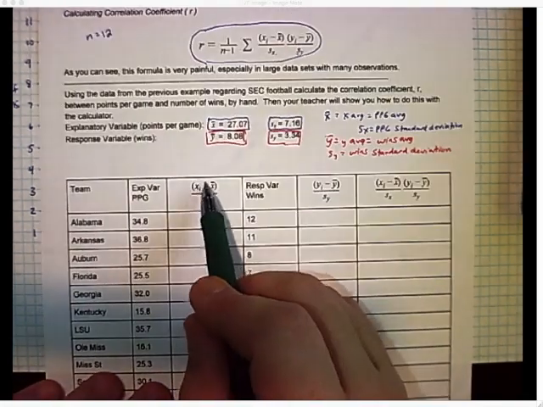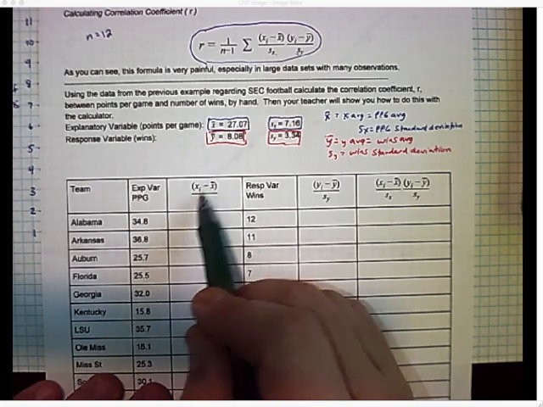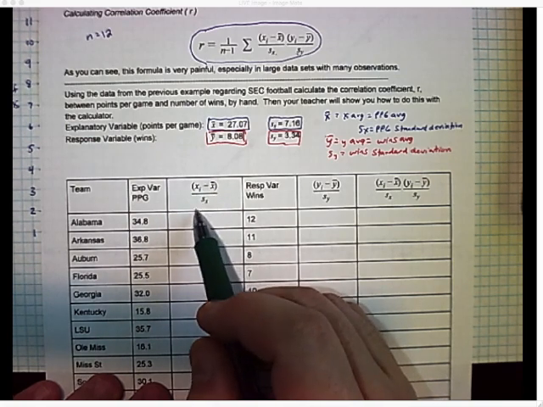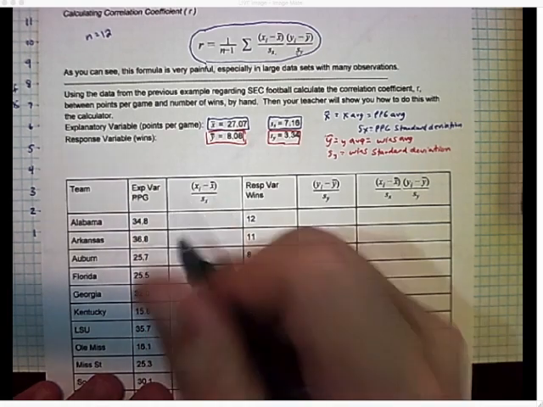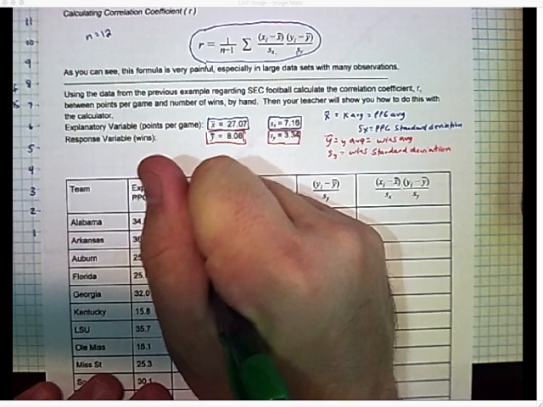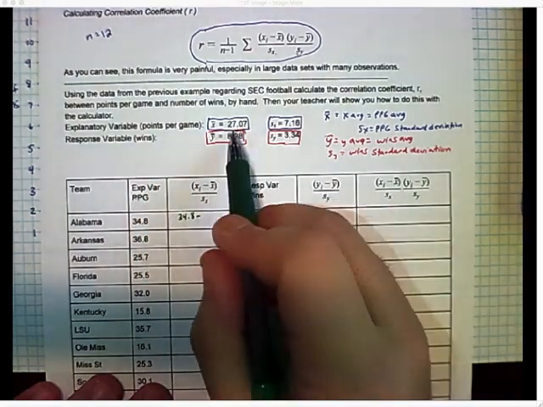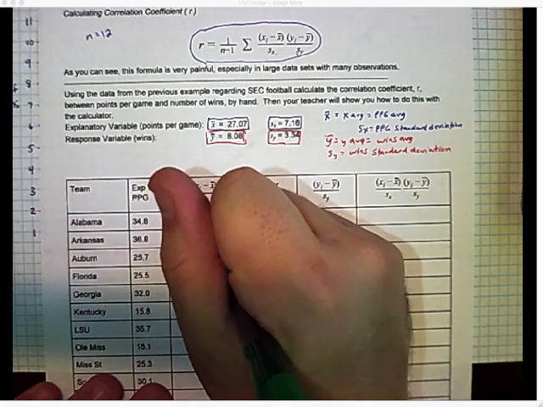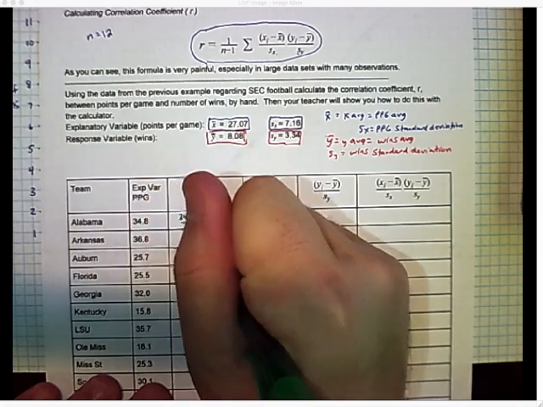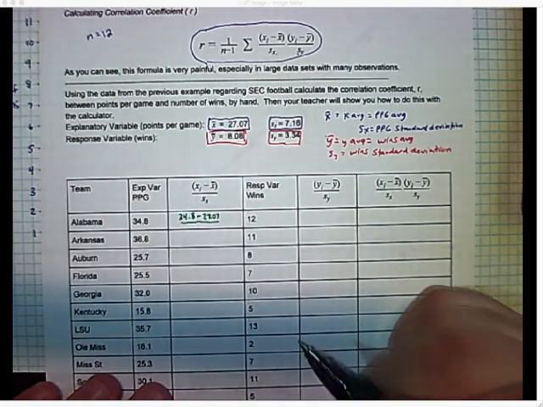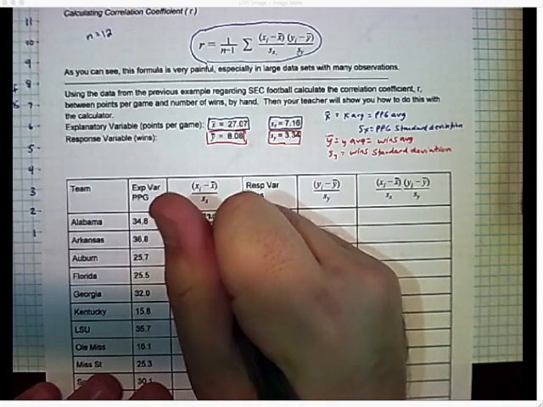How do you calculate this part of the formula? Xi minus X bar over S of X. Well, Alabama had 34.8 points per game. So we're going to do 34.8 minus, what's the average points per game? It's 27.07, over the standard deviation, which is 7.16.